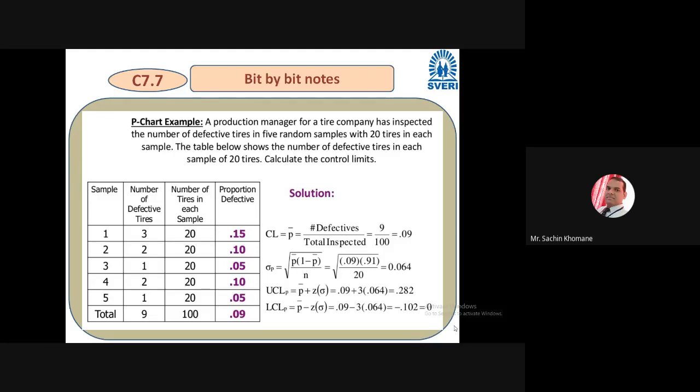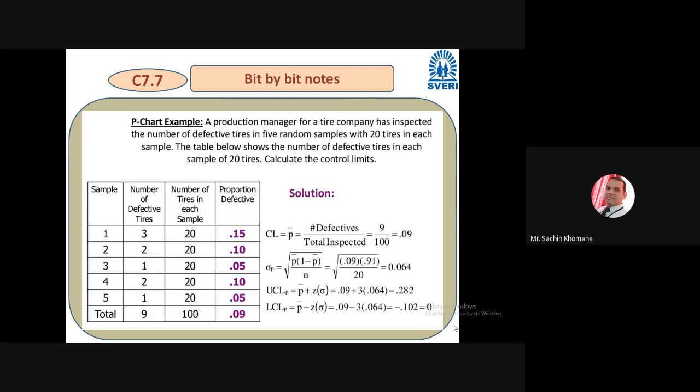Let us see the columns: sample number, number of defective tires, number of tires in each sample, and proportion defective. It is a very important term in the P chart, and I will say how to calculate it. Up to 3 columns, that data is your prior data before calculation, maybe by personal observation, maybe by any of the devices which you have used to check the defects.